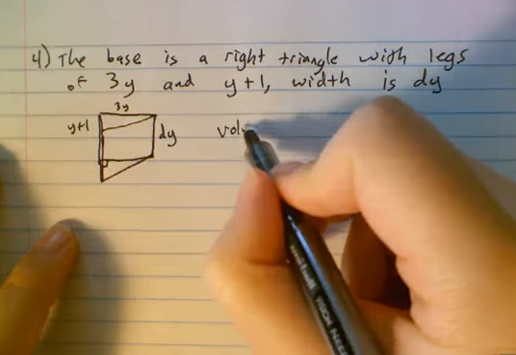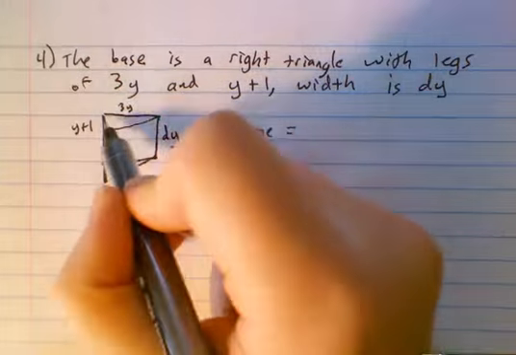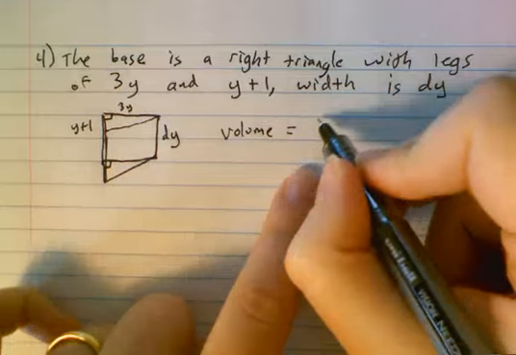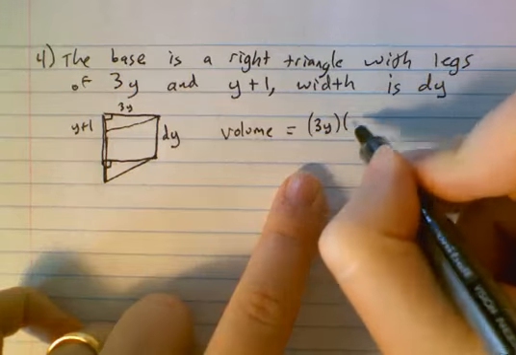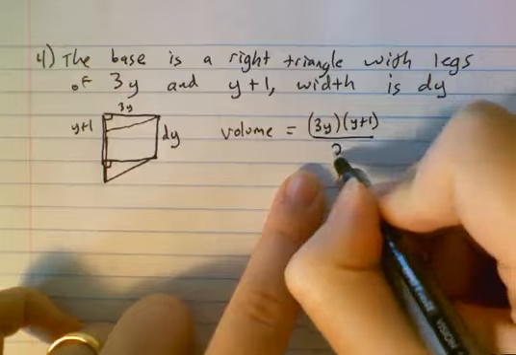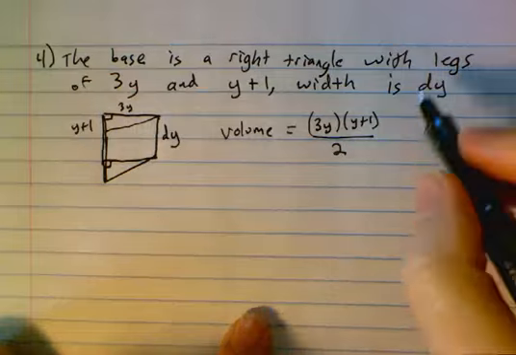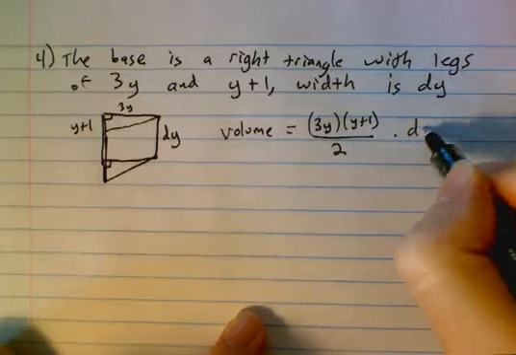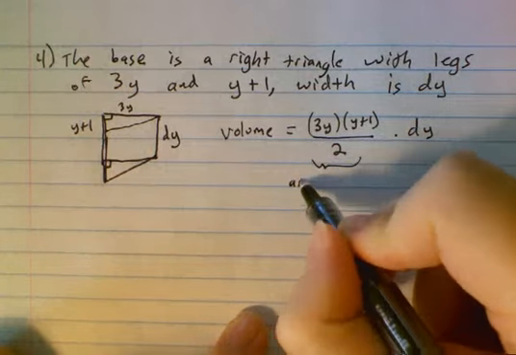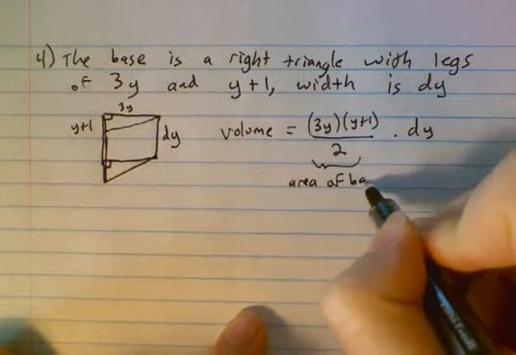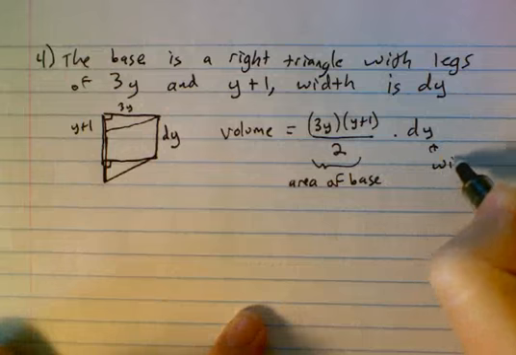So that means that the volume is the area of this base, so 3y times y plus 1, divided by 2. Base times height divided by 2 being the area of the triangle, and then times dy, so this was area of base, and then width.